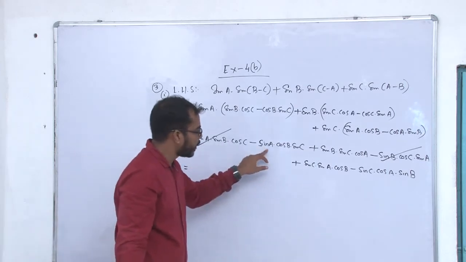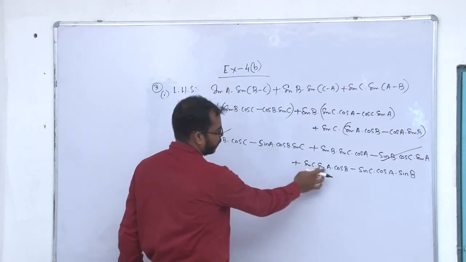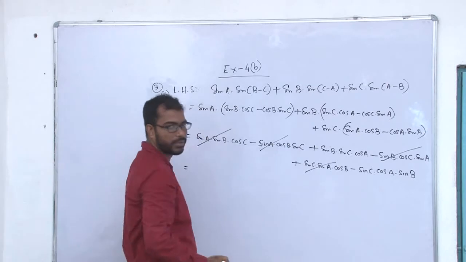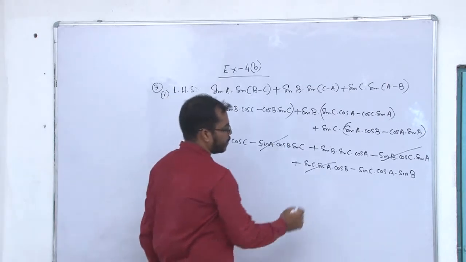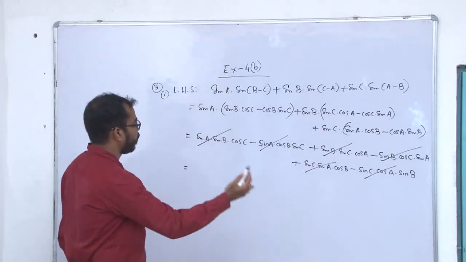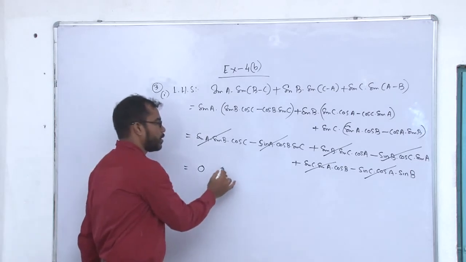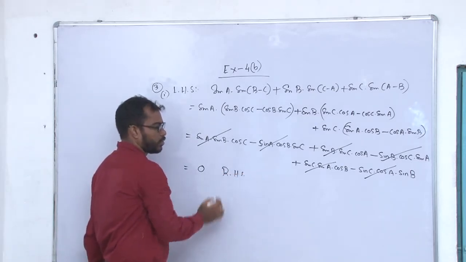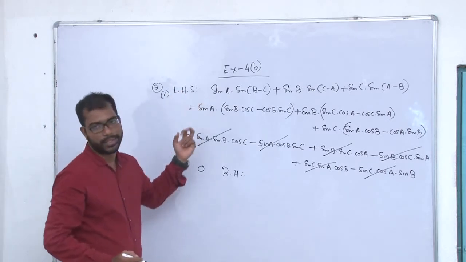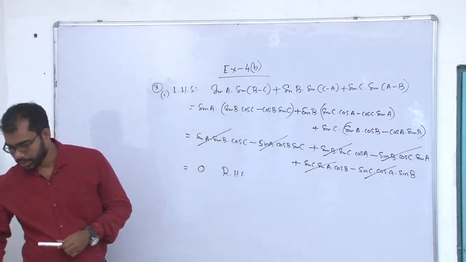The second expression cancels with sin A sin C cos B, that is the second and fifth, and the rest, the third and sixth. So if we cancel all these expressions, we get 0, which is the right hand side. So we have proved that this expression is equal to 0.